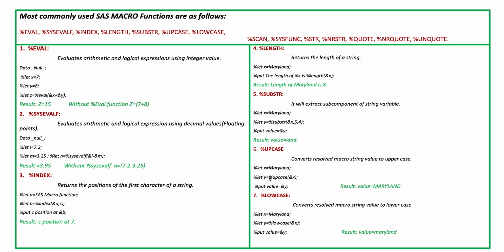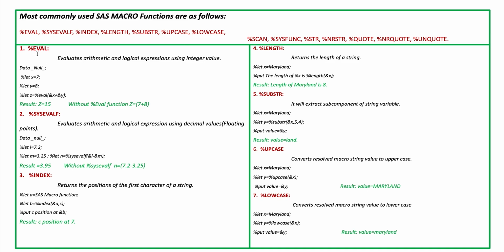Most commonly used SAS macro functions are as follows: %eval, %sysevalf, %index, %length, %substr, %upcase, %lowcase, %scan, %sysfunc, %str, %nrstr, %quote, %nrquote, %unquote. In this video, the first 7 SAS macro functions are going to be explained, and the remaining 7 functions will be explained in the next video.